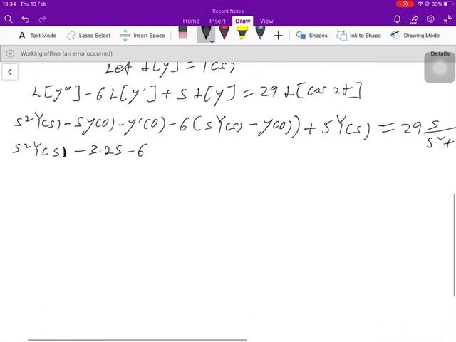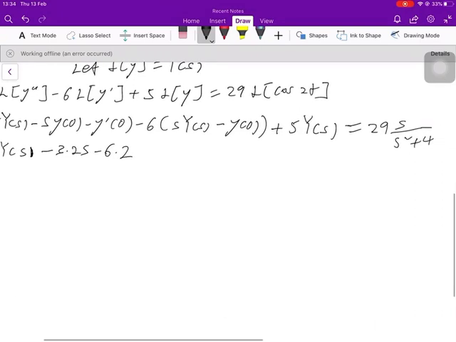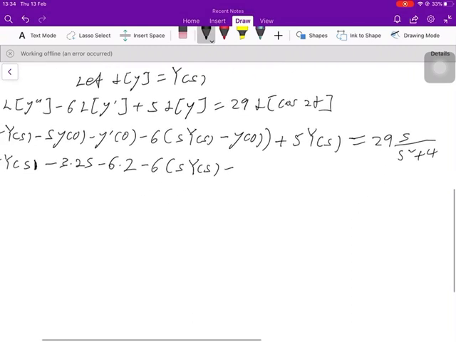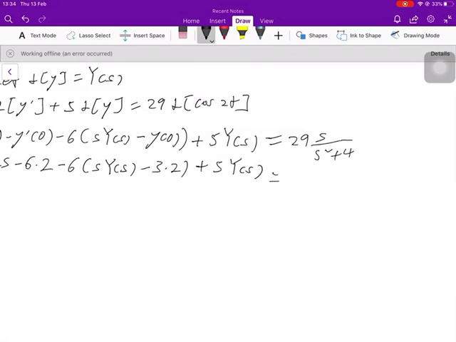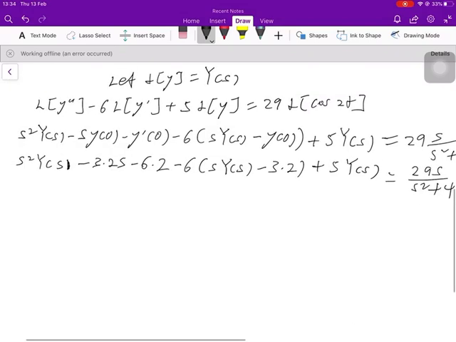In this case we have minus 6.2. Then minus 6 times s Y of s, minus the initial condition y of 0, which is 3.2, and plus 5 Y of s, and this is equal to the right hand side function.